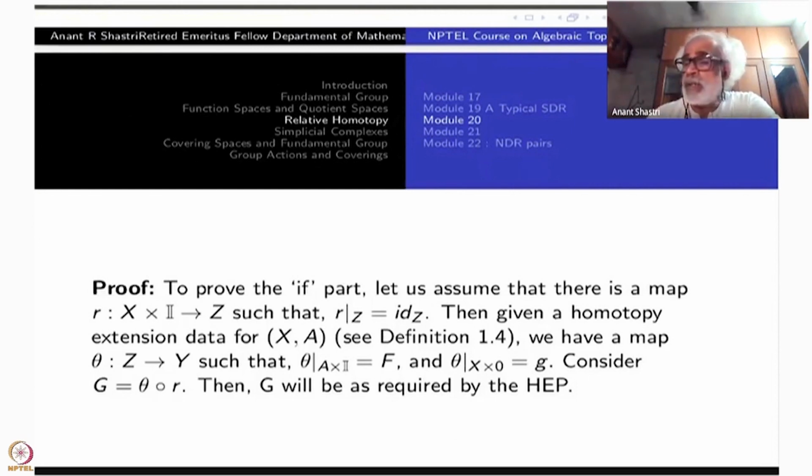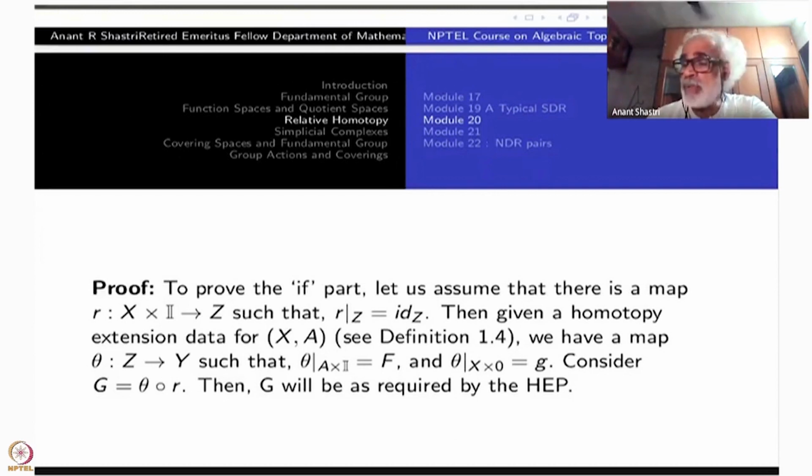Define theta from Z to Y by taking this restriction. Namely, restriction A cross I is F, and on X cross 0 it is G. Okay, so what you have is a map from Z to Y.